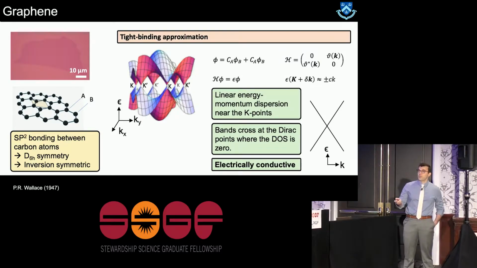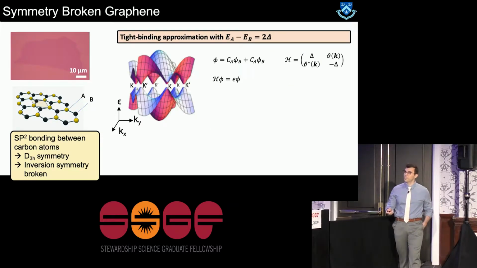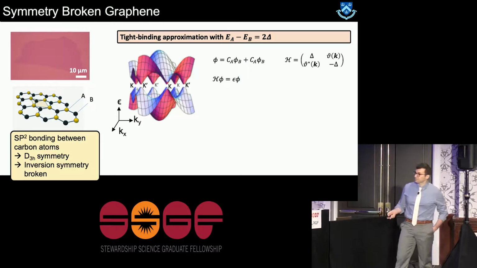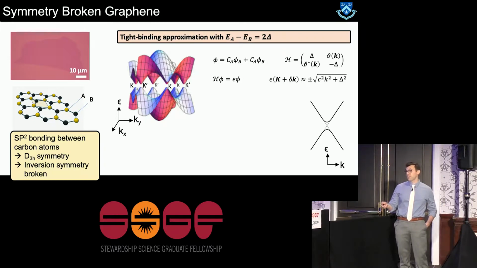Now, I said we want to mess with the symmetry of this. So let's look at this toy model in which I have imposed an energy difference at the A and B sublattice sites. The major change is that the Hamiltonian now includes these diagonal terms matching this separation energy. If I then solve this eigenvalue problem again, my linear dispersion gets these little curved points at the ends of the band edges.